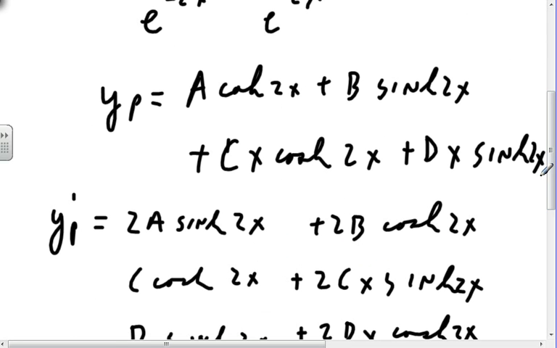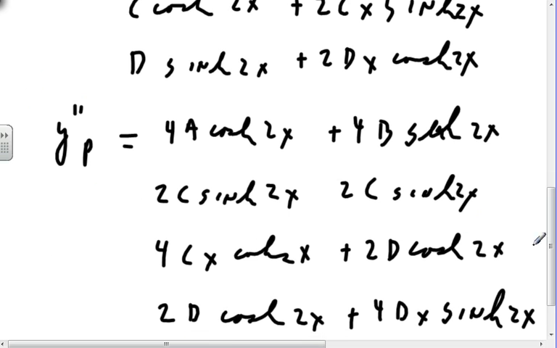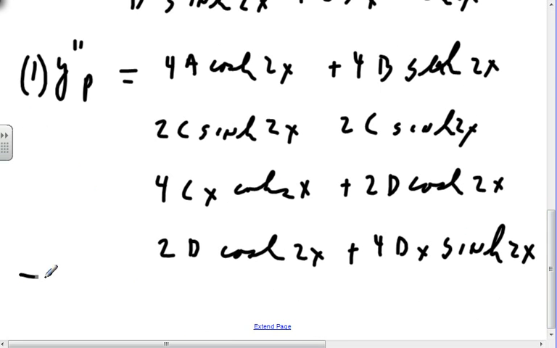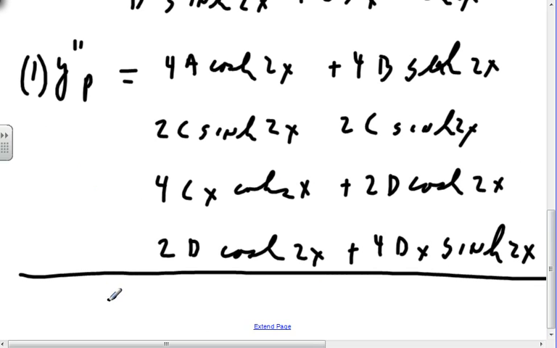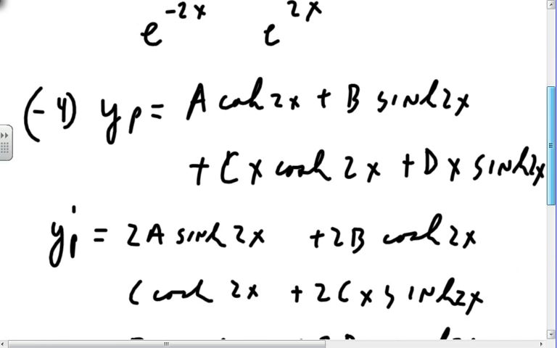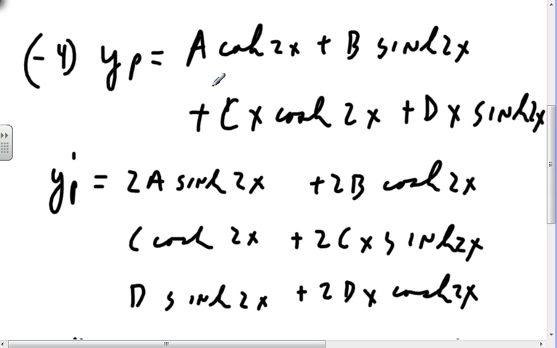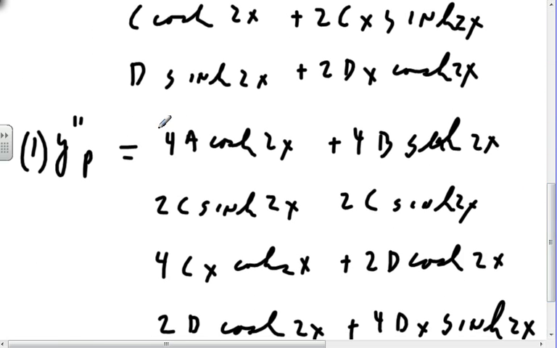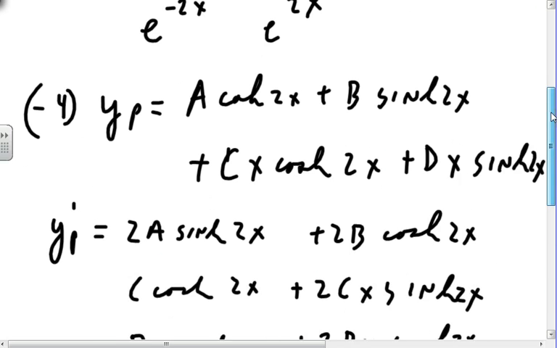I want 1 minus 4, so I want minus 4 of them. I want 1 of this guy. And even though I can't see the whole equation, when I get done, I have to have hyperbolic cosine 2x. Okay, so that should be pretty easy. So I've got minus 4A, I've got plus 4A, gonzo.